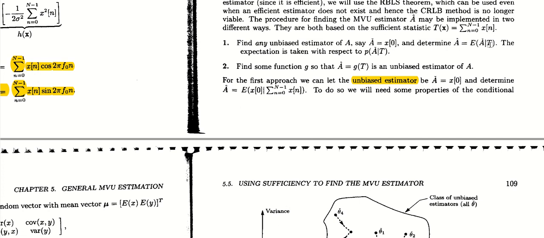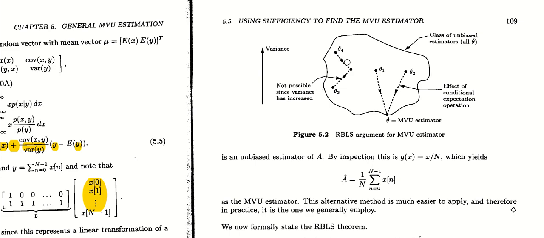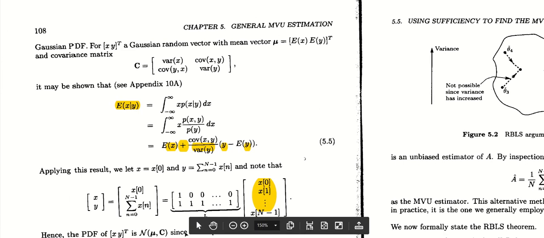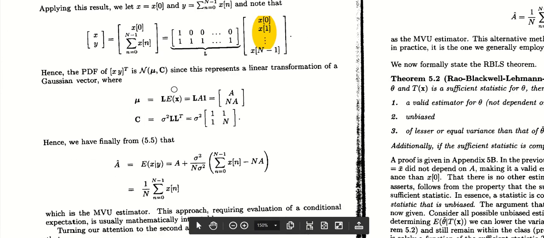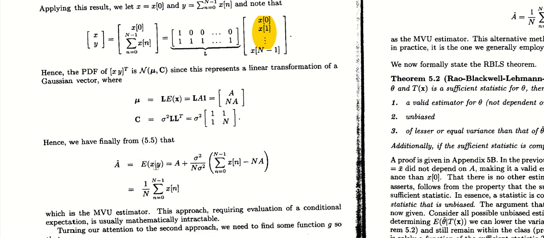If you determine this and then you take the expectation, you get the MVU. That's what we are saying here. We want to do this and then take the expectation of that. You need this, but before you get that, you need mu and C and x and y.